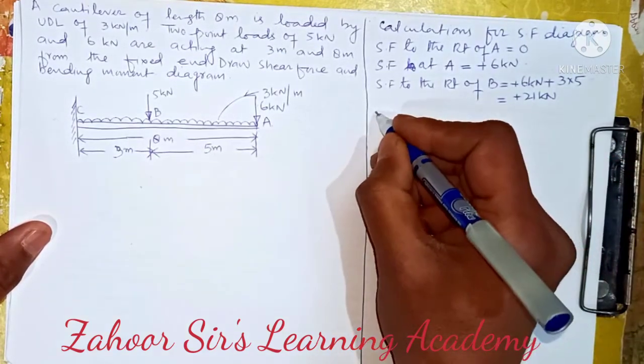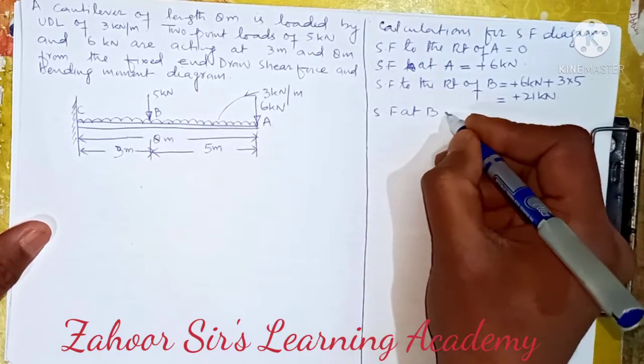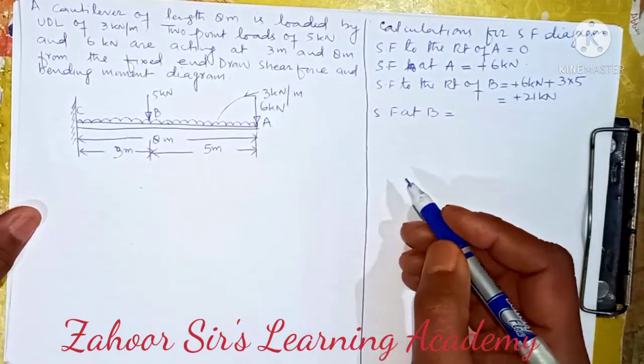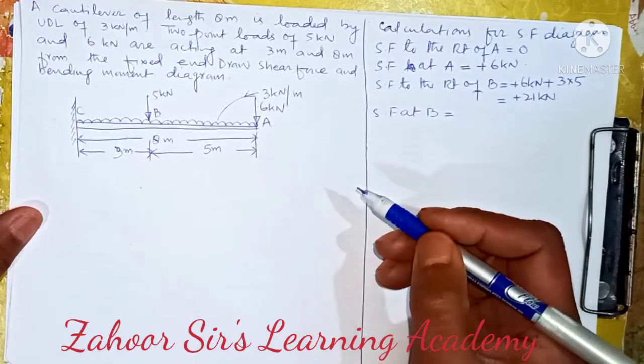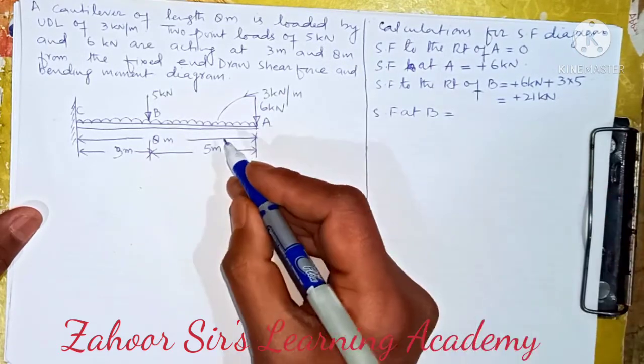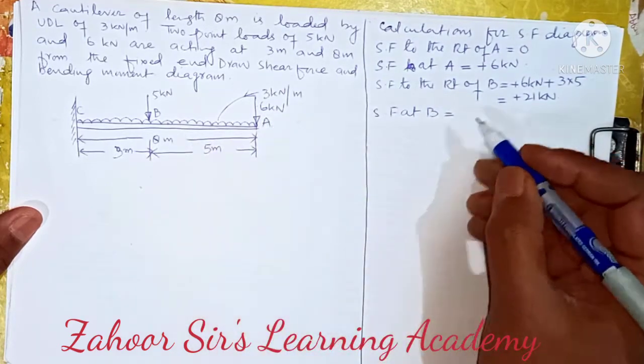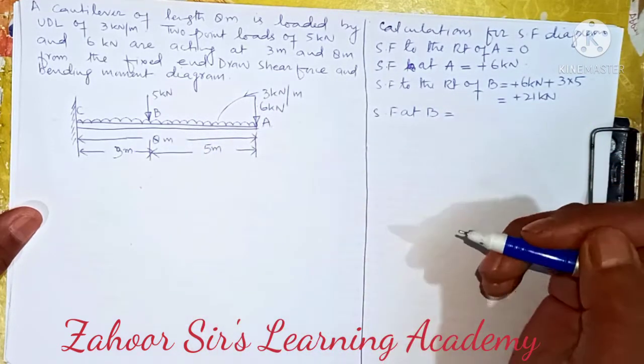Now SF at B. As I said in the previous example, it is the algebraic sum of all the forces to the right of the section. So we are just summing up all the forces.